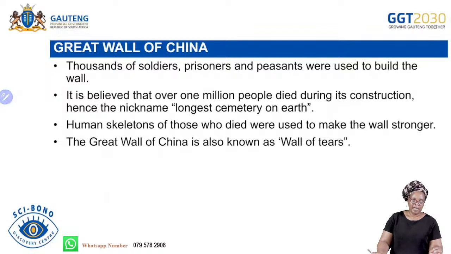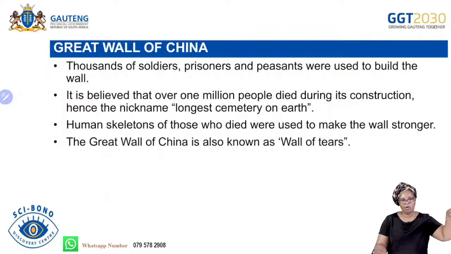Then the Great Wall of China. Let's look at what happened there. Thousands of soldiers who were on the watchtowers, and the prisoners and the peasants, were used to build this wall. All of them were the ones building this wall.